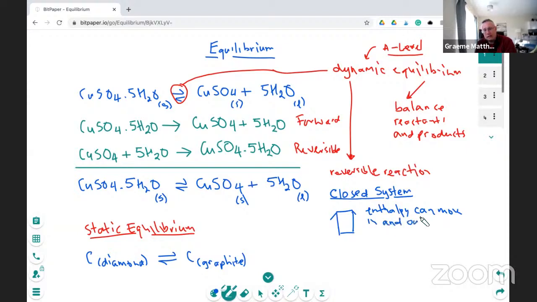Thinking of your cup of coffee from Costa Coffee, Starbucks, does it cool down? Yes, it does. You walk around with it and the coffee's going to cool down. It's a closed system. The heat, the energy can leave the system. And then if you wanted to, you could always put it into the microwave and heat it up and you put energy back in, right? So enthalpy is what we talk about at A level, and in the closed system it can move in and out.